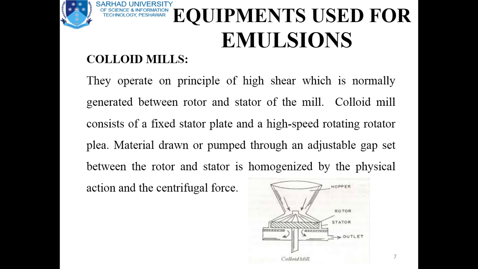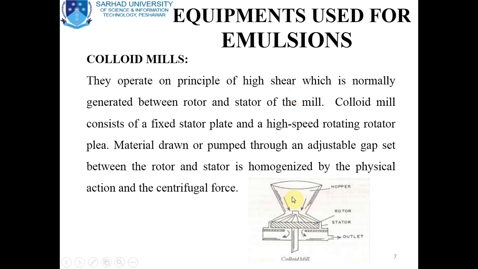You can see on the screen the hopper for feeding the process material, and one part is the rotor and the second is the stator. The stator is static, the rotor rotates at high speed, and high shear is produced between the rotor and the stator.